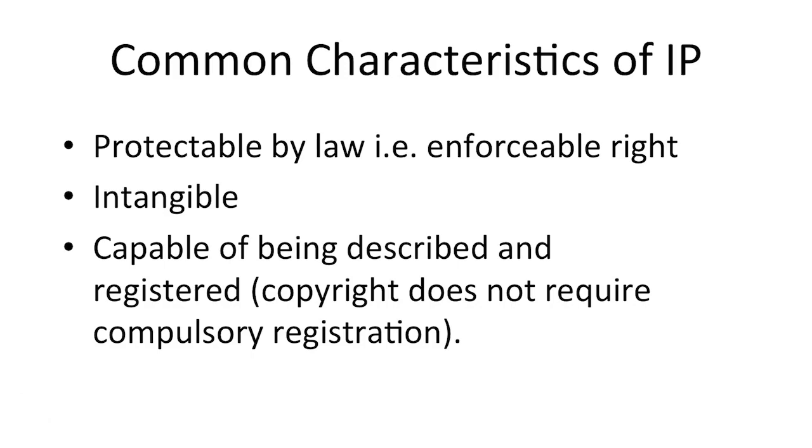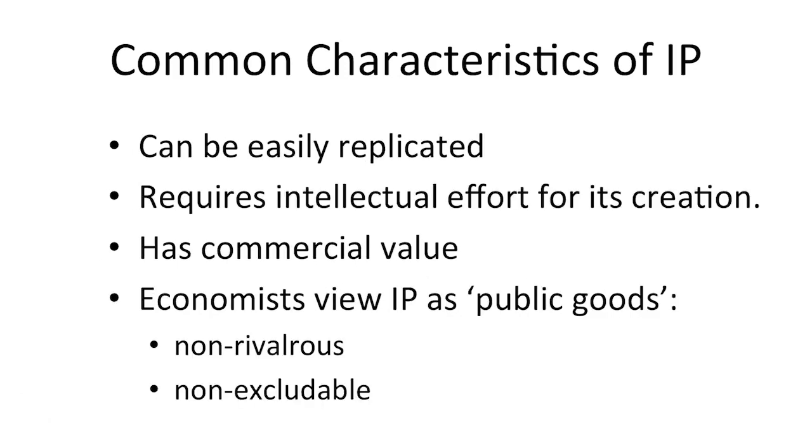So enforcement, registration. The third thing about an intellectual property right is the fact that you can easily replicate it. Now I ask this question: how much does it cost Microsoft to come up with the first copy of Windows, say Windows 7?